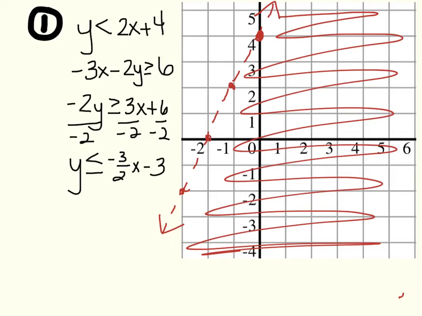So negative 3, down 3 over 2, and I'm going to go up 3 to the left 2. Up 3, 1, 2, 3 to the left 2. It's going to be a solid line. And it's less than, so I'm going to shade underneath.